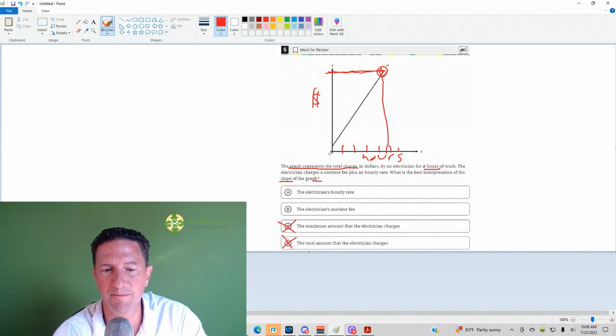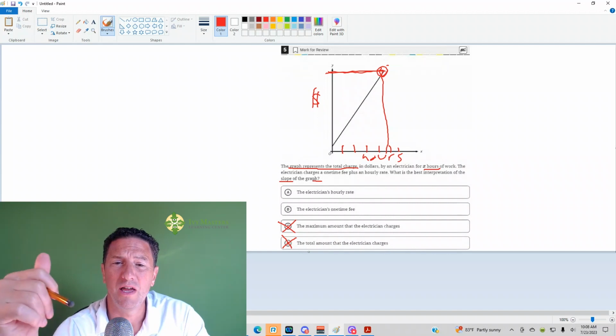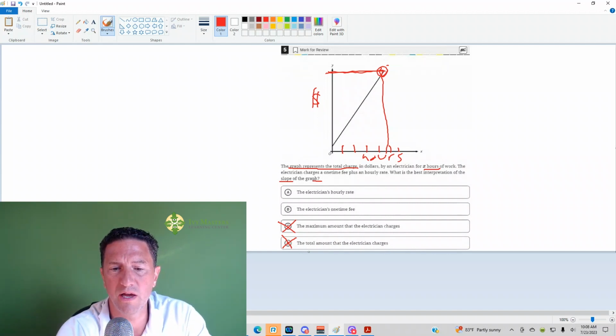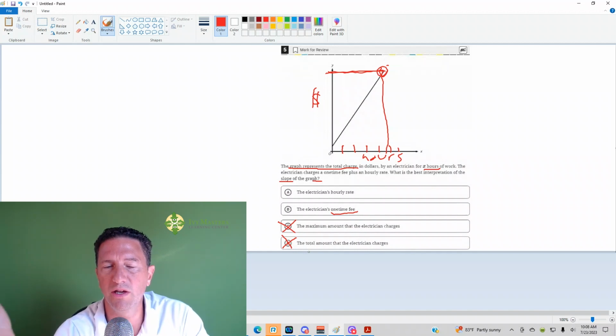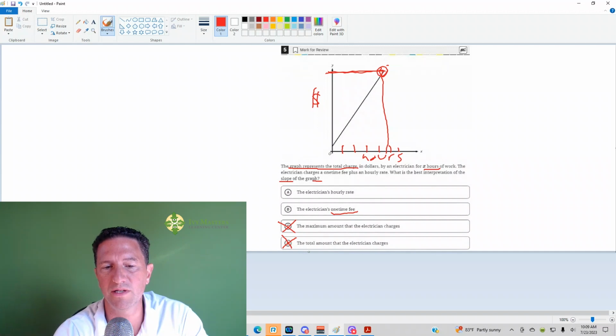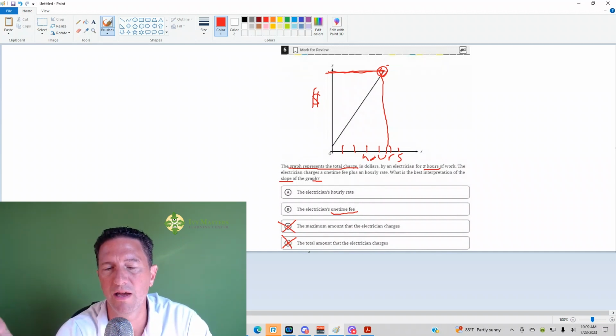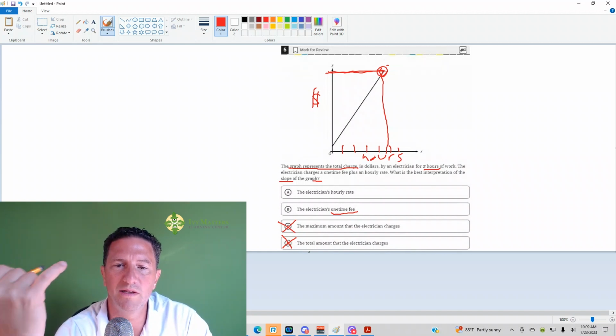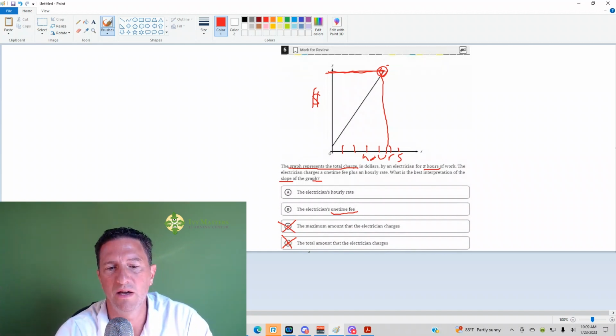Answer choice B, the electrician's one-time fee. So you're always looking, if it's a charge that does not say per, usually it'll say initial or begin or start when it's the y-intercept. The electrician's one-time fee, it doesn't say any of those things, but that's what it's going to be, the initial, beginning charge that he's going to start with.